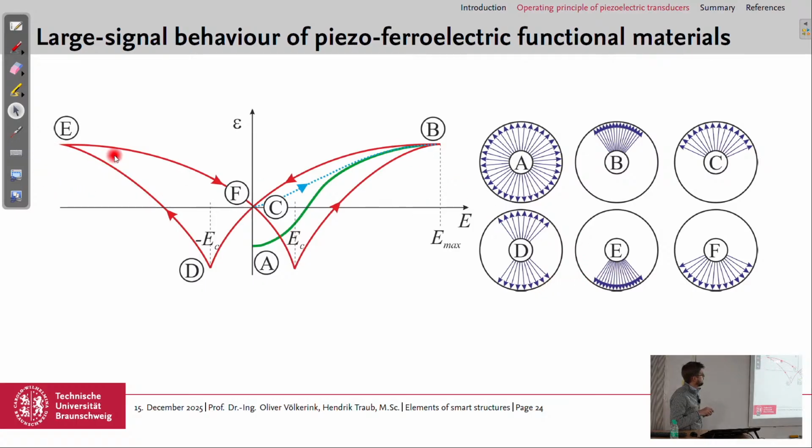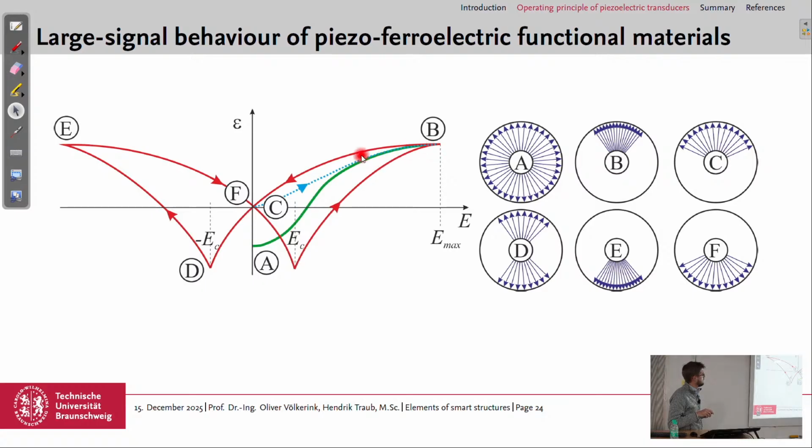And then remove the field again. We're coming back to the middle here, point F, which is the same as point C, but with the other polarization direction.